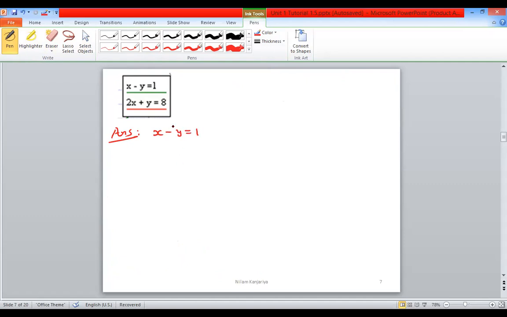You can make y the subject: x minus 1 is equal to y. We finally got y is equal to x minus 1. This is a very shortcut thing.